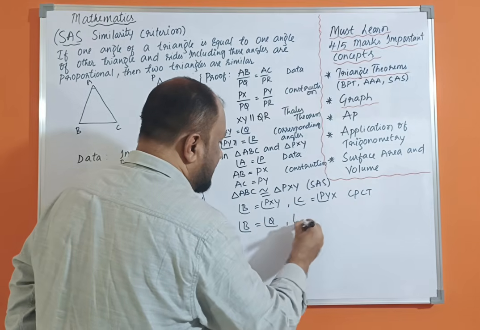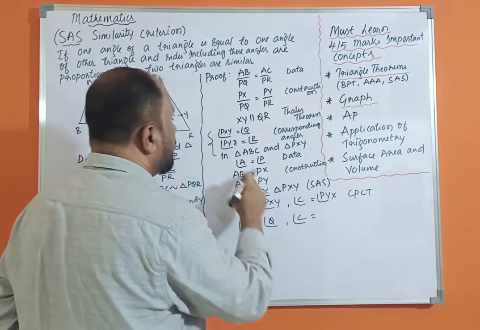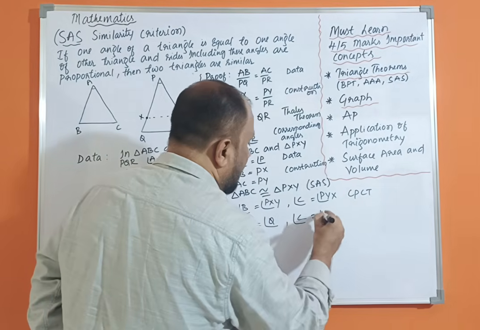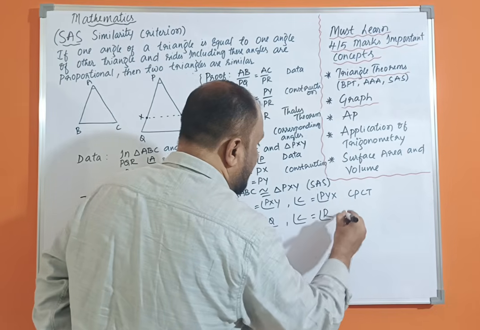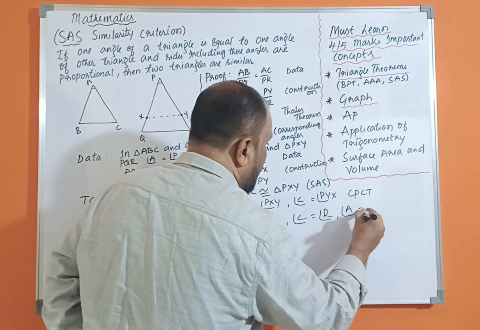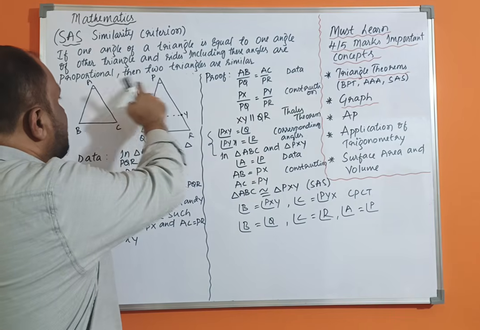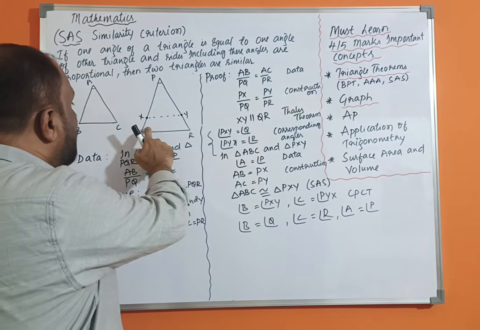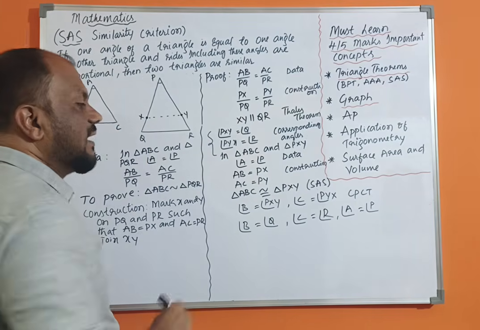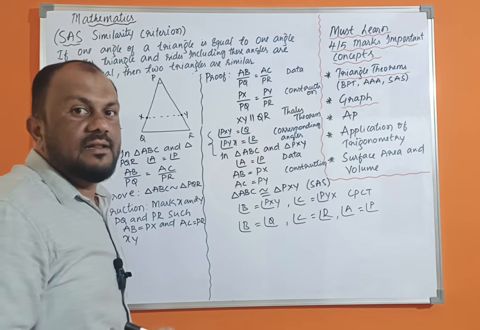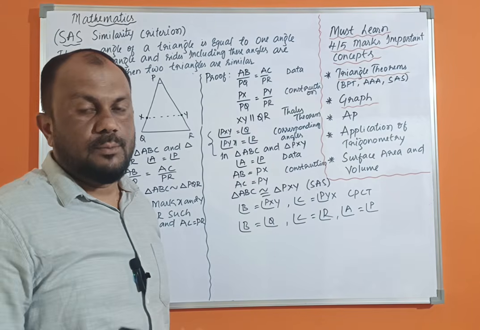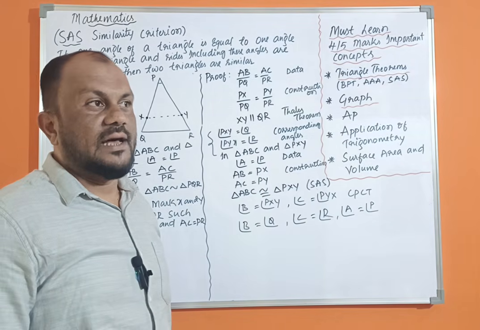Then angle C is equal to Y, Y is equal to what? Angle R. And it is given in the data that angle A is equal to angle P. See, angle A is equal to angle P, angle B is equal to angle Q, angle C is equal to angle R. Equiangular. Both the triangles are equiangular.